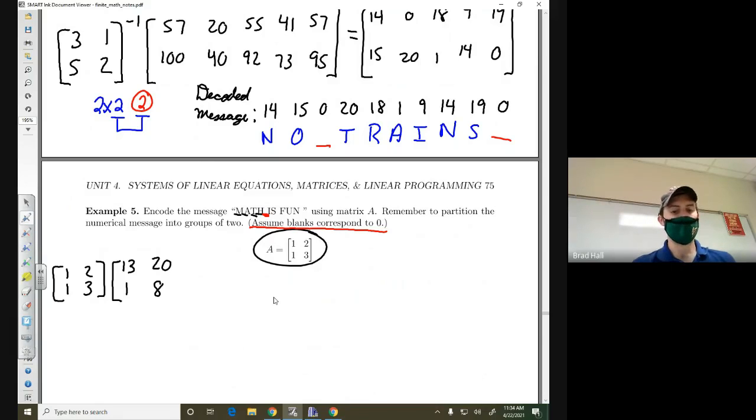So after I type in MATH as 13, 1, 20, and 8 respectively, I put a 0 here for the space. The I is 9, S is 19, there's another space, so I use 0, F is 6, U is 21, and the N is 14.